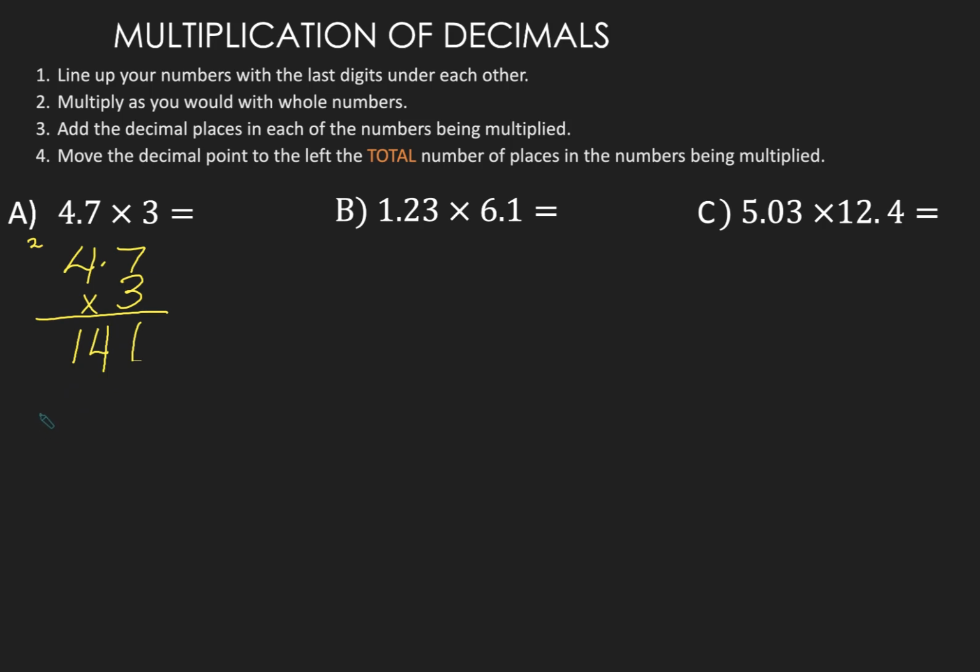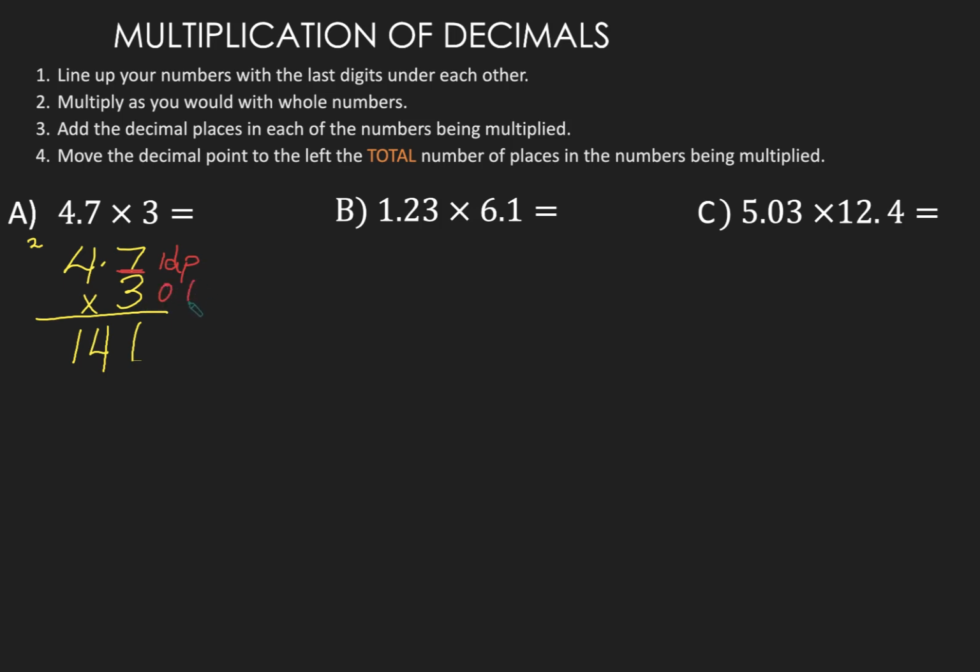Step number 3: we're going to add the decimal places in each of the numbers being multiplied. When they talk about decimal places, we're looking at how many digits are after the decimal point. So the first number has one decimal place. Now 3 is a whole number.